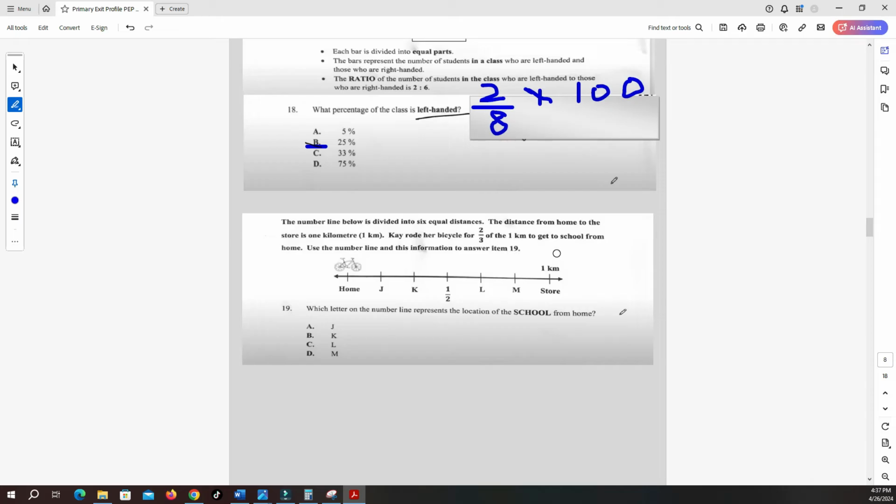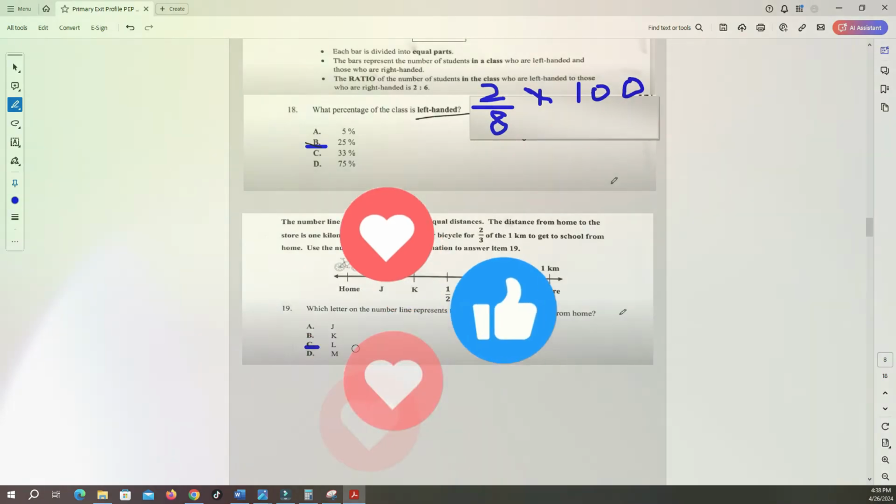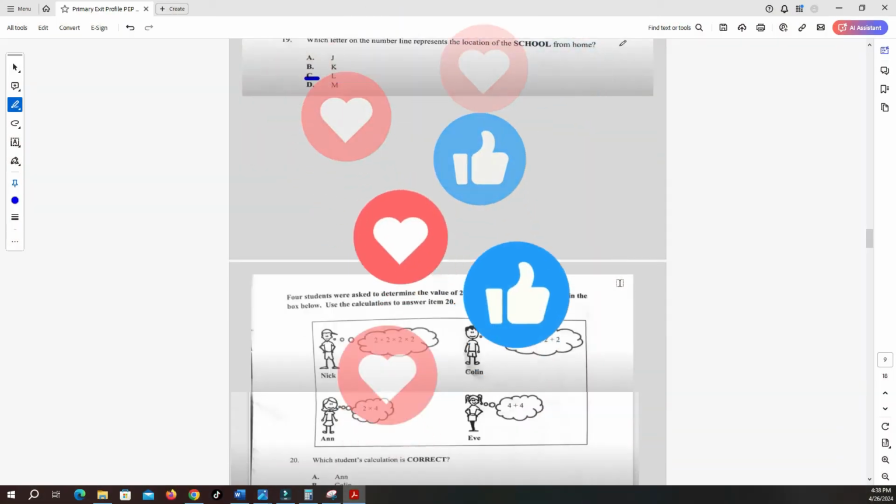So we want to know 2/3 of the 1 kilometer, and we know each square is 1, 2, 3, 4, 5, 6. So it would be 2/3 of 6, and I know 2/3 of 6 should be 4. So that would make it L.